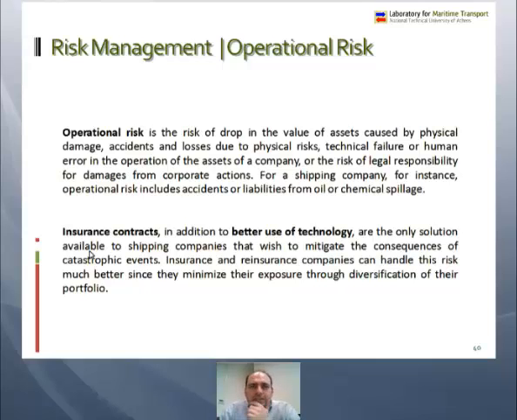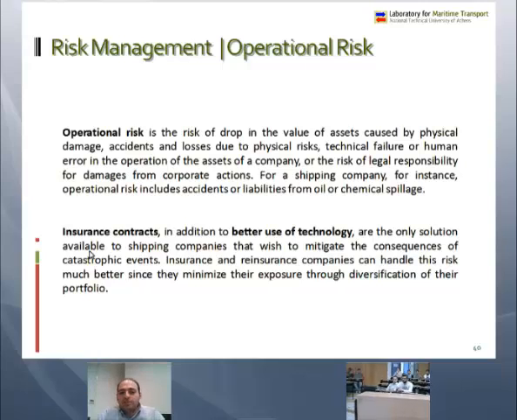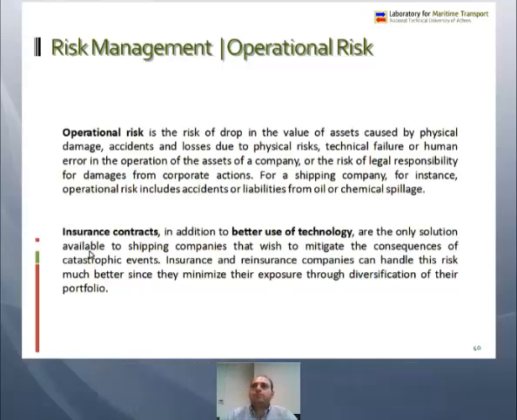So if you want to feel safe, there are these insurance contracts, in addition to better use of technology, which is currently the only solution available to shipping companies. So if you want to feel secure, you have to use better technology. I mean, when talking about oil pollution, we had these single hull tankers.